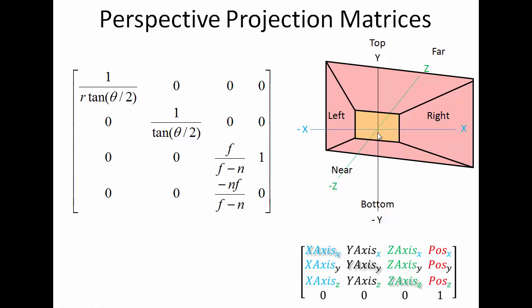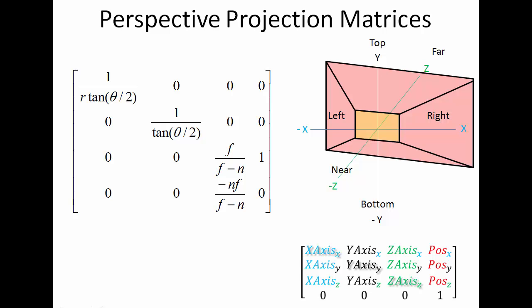And everything inside of the four-sided pyramid there is what is going to be projected onto the 2D near plane. Using this formula, things that are closer are going to appear bigger.